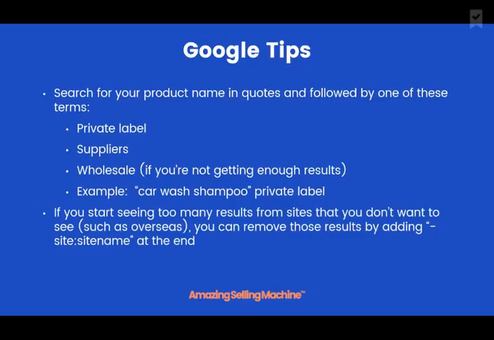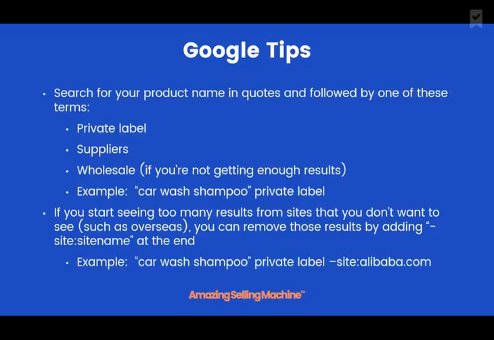Now, if you start seeing too many results from sites that you don't want, such as overseas sites like Alibaba or maybe even Amazon, because we don't want to buy this off Amazon, you can remove sites by adding a negative sign and then site: and then whatever the site name is at the end. An example here would be, we're looking for car wash shampoo that's private labeled, and then we would put negative sign site:Alibaba.com to exclude all results from Alibaba.com.